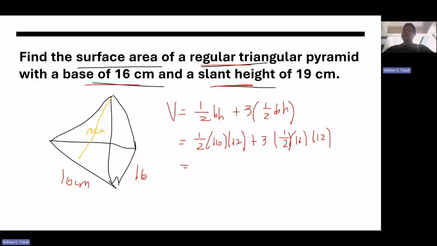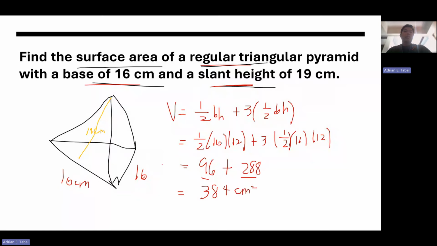Lateral area, that's 3 times 16 times 12 divided by 2, which is 288. So the total surface area, that's 96 plus 288, which is equivalent to 384 centimeter square.